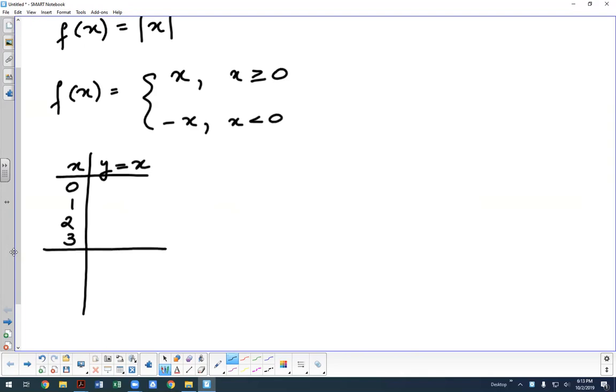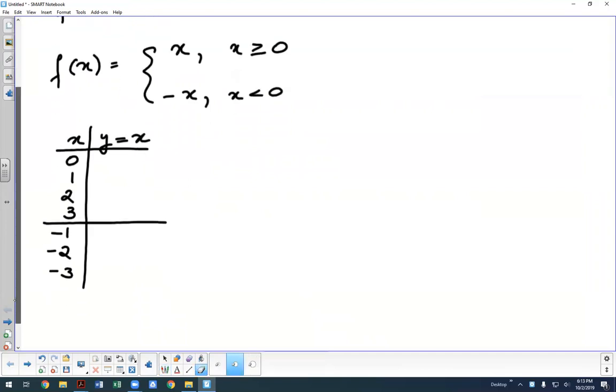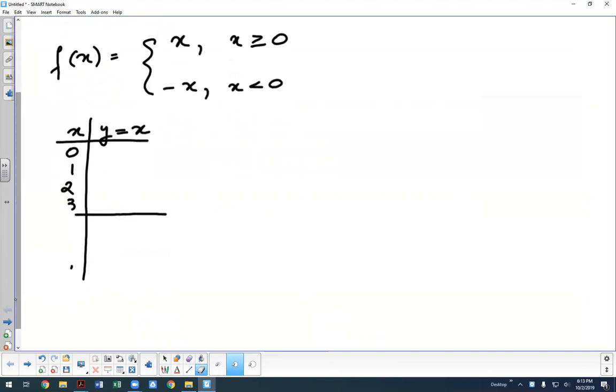Now, if I start using x on the negative side, so that means I'm going from -1, -2, -3. For these values, actually, when I'm using x values that are negative numbers, I'm actually going to use the second piece, which is telling me y equals -x.